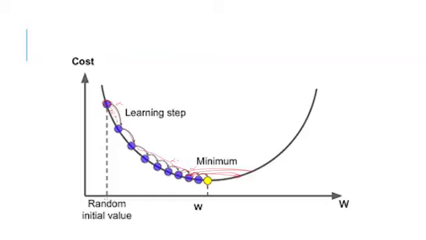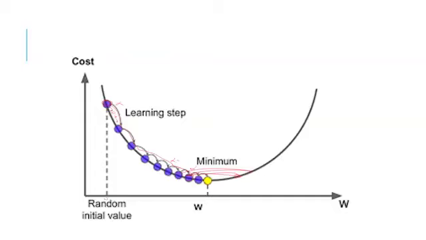What is an epoch? Epoch is one cycle at which the weights are getting updated, right? So at every step the weights will get updated, and to converge and reach the minimal point, it may take a longer time if I'm going with a small alpha value.